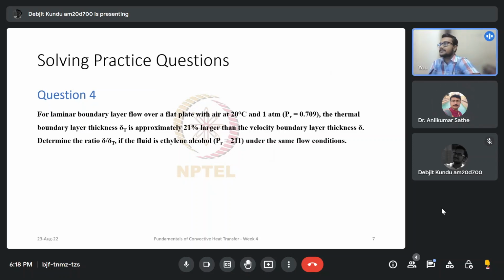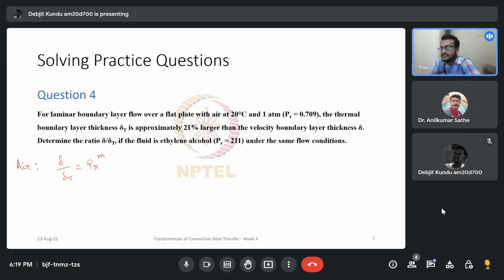So how can we do this? Let's see. For the first case, that is air, we know that delta over delta T is equal to Prandtl number to the power m for any flow condition in general.